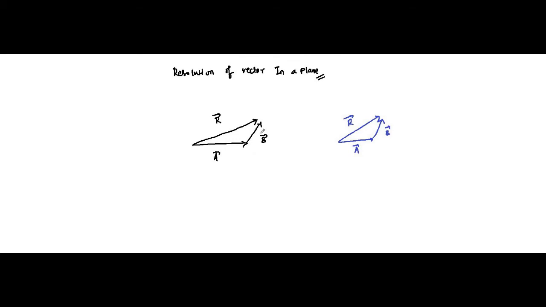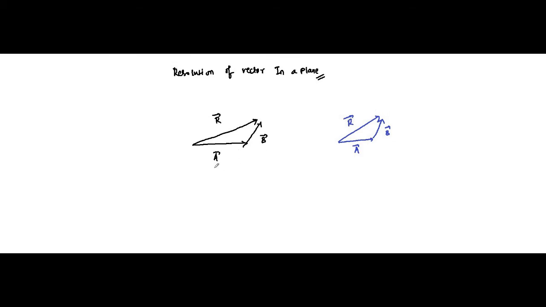Here we were given A vector, B vector, and R vector was the resultant which we got. Here we have R vector which is given, and we have divided it into two vectors, A vector and B vector, and their magnitude and direction is such that when we join the head and tail of A vector and B vector to get the resultant, we get this vector R which is given.